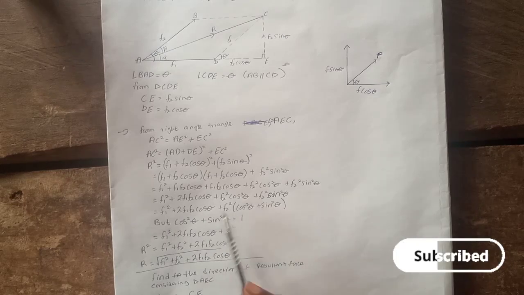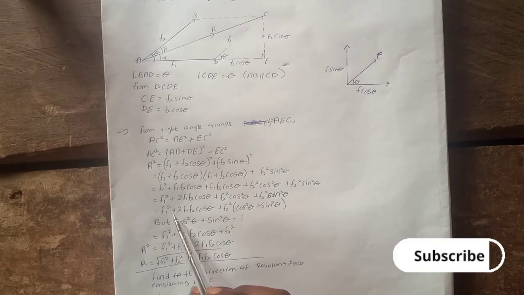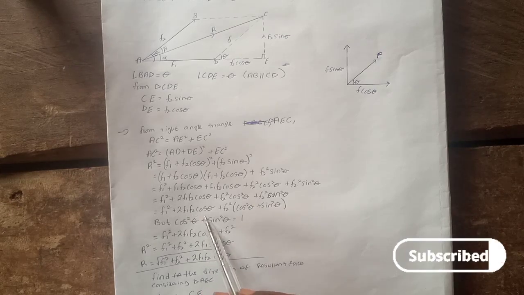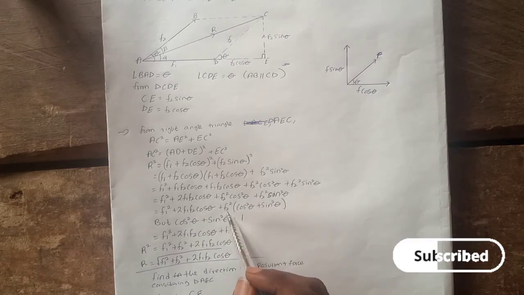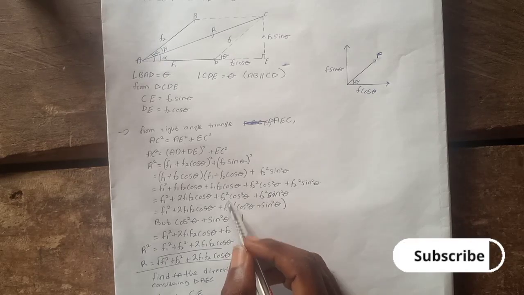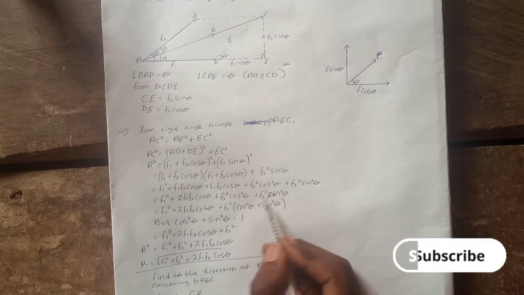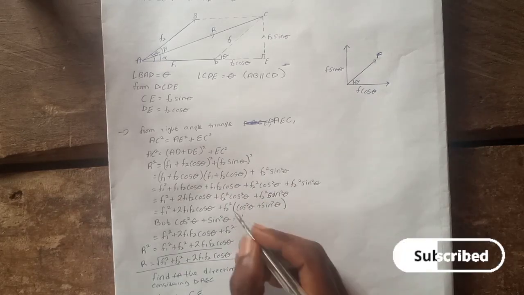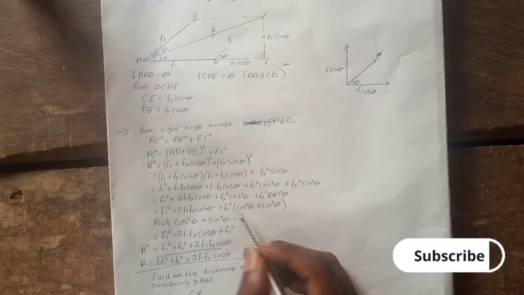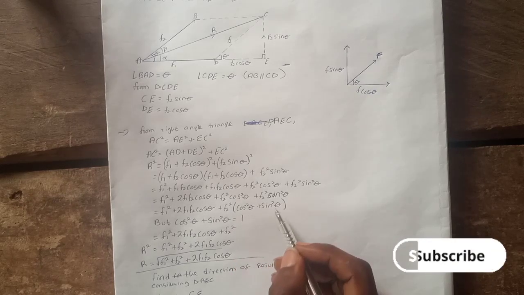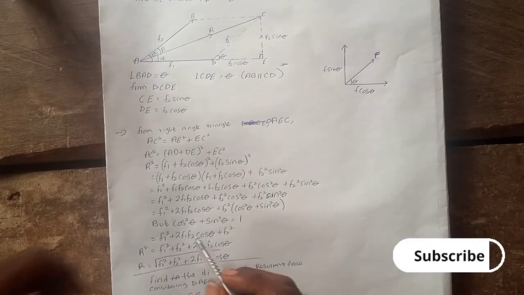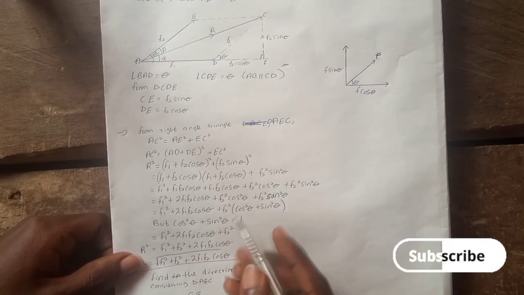Then we move on, it will be F1 square plus 2 F1 F2 cos theta plus, you know here, F2 square is common to both of them. Then we bring out the F2 square and bracket them. It will be F2 square into bracket cos square theta plus sin square theta. And we know, according to the trigonometric identity, cos square theta plus sin square theta is equal to 1.